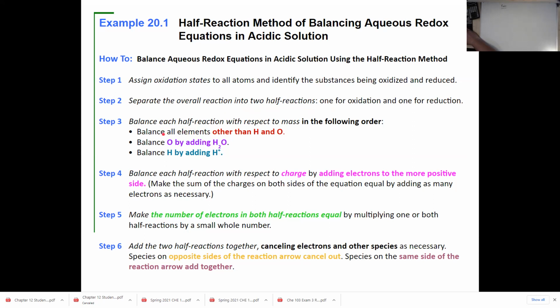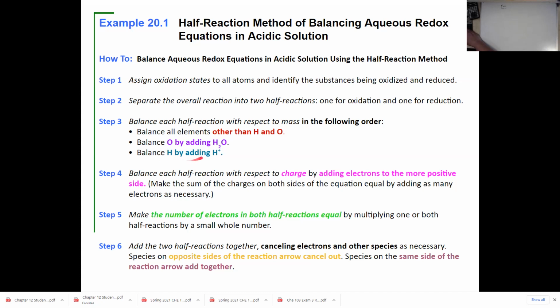Okay, so the first thing we're going to do is balance any element in the half reaction that is not hydrogen or oxygen. Okay, we have to make sure that that is balanced. When that's finished, then we're going to balance any oxygen discrepancies by adding water molecules to whatever side is missing oxygen. All right.